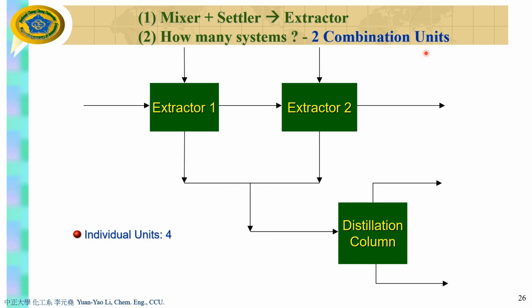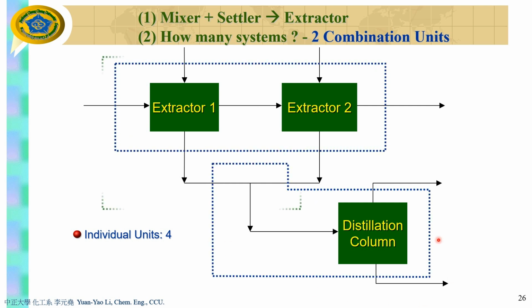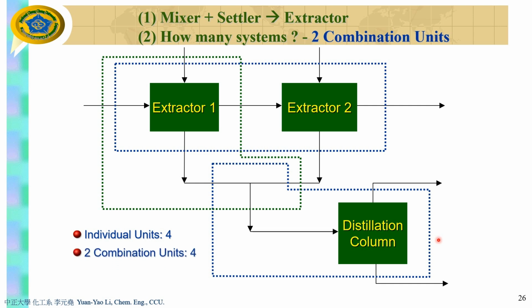Okay, so let's think of how many 2 combination units. So you need to put 2 units together and make it become a system. So how many systems? Can you tell me? 1, 2, 3, and 4. So 2 unit system, you have 4.